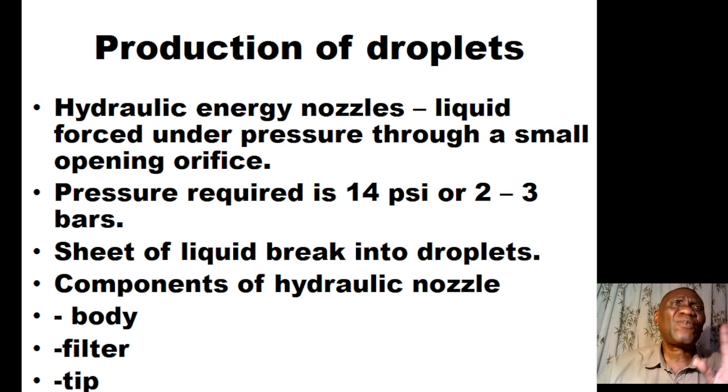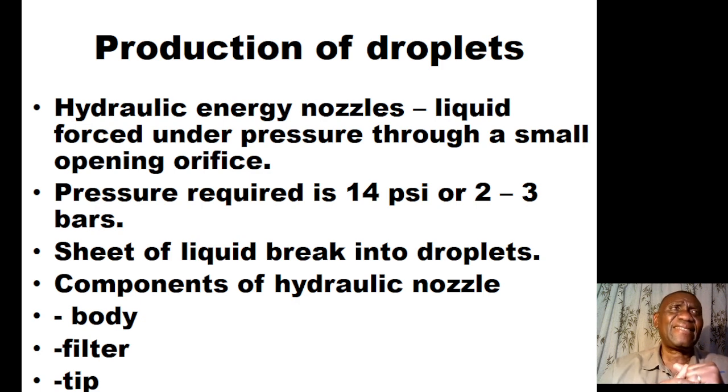The pressure required is around 14 pounds per square inch, which is an old term, but we can say it is equivalent to between 2 and 3 bars. So you have a sheet of liquid that breaks into droplets.